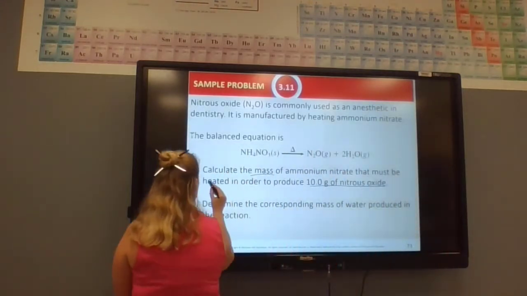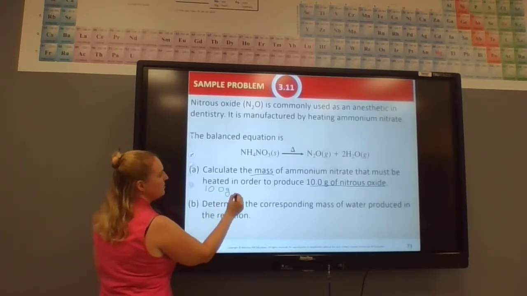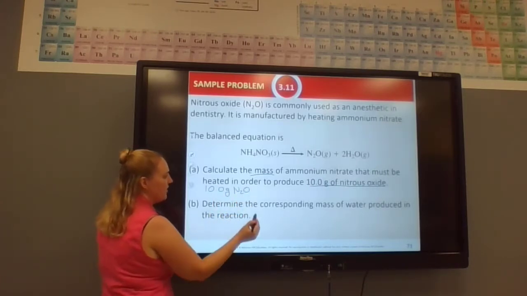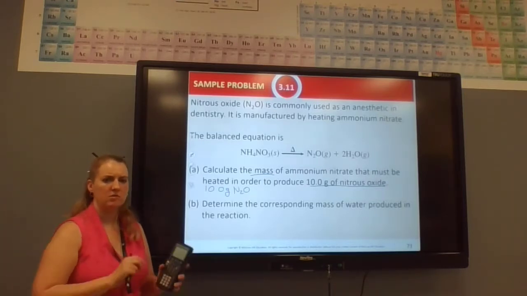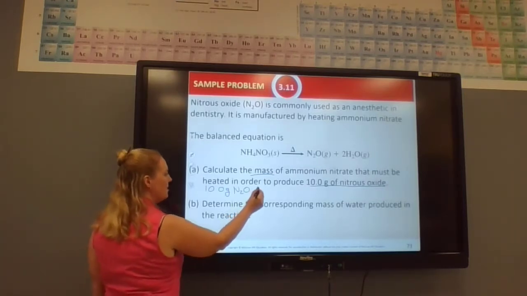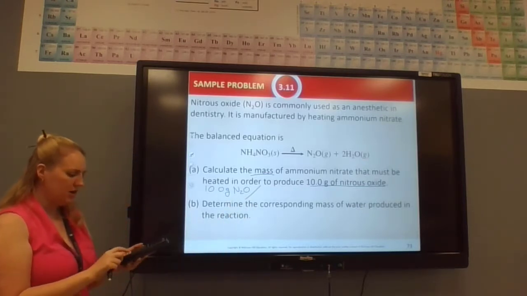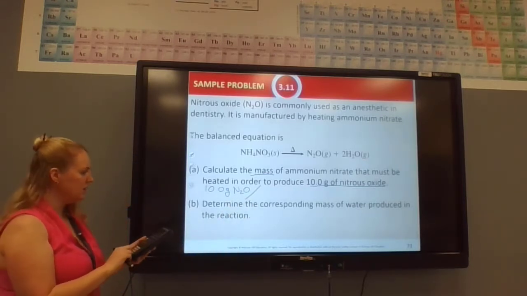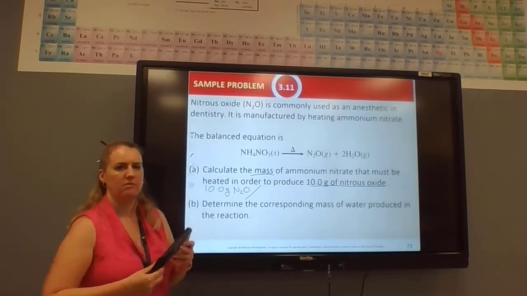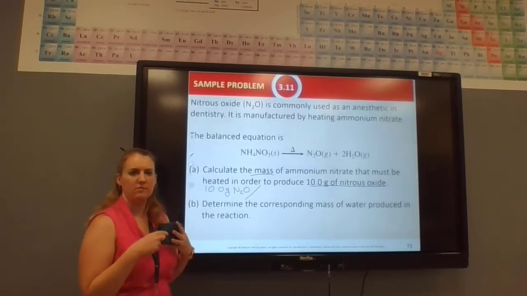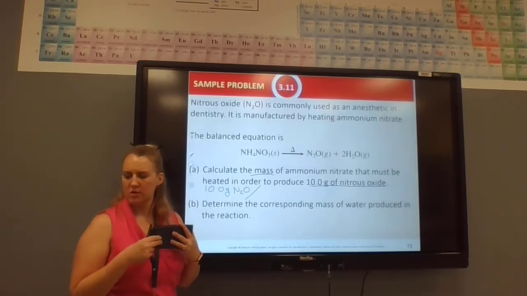So I'm going to write 10.0 grams of N2O. How do I get that to moles? What with the molar mass? Divide. Good. Divide by the molar mass. So molar mass of nitrous oxide, I have 2 nitrogens at 14.01 apiece plus 1 oxygen at 16 is a mass of what? 44.02.